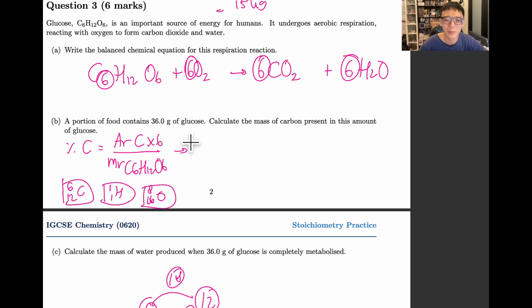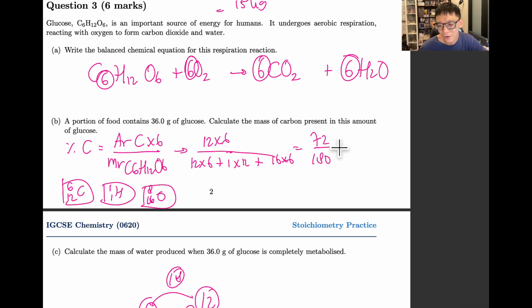Carbon: 12 multiplied by 6, hydrogen 1 times 12, and then 16 times 6, meaning that we have 72 over 180, multiplied by 100%, it will be around 40% exactly.